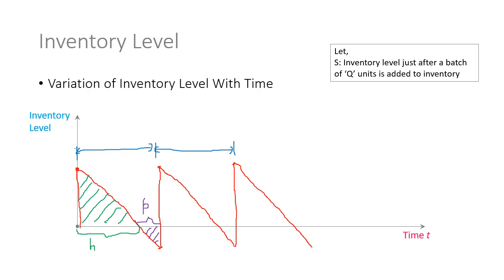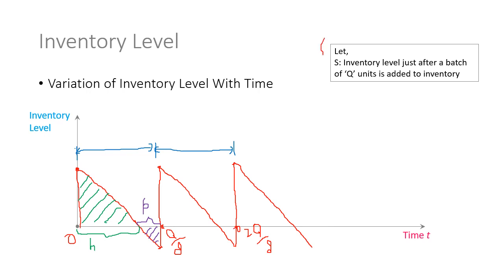We know that the cycle length, or the distance between vertical lines, is simply Q by D. So if this is 0, then this is Q by D. Similarly, that is 2Q by D, and so on.